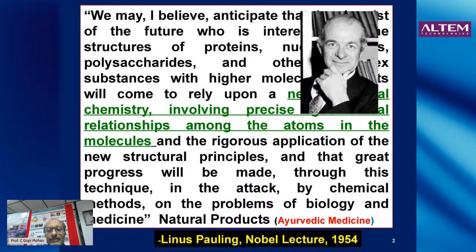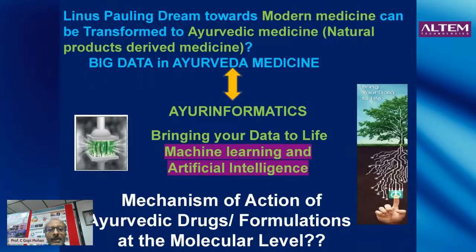So this slide has the same thing as what Linus Pauling dreamed, that modern medicine can be transformed to Ayurvedic medicines. So that should be the question now, with respect to our latest technological development. Can we transform this to our natural product derived medicines or the Ayurvedic medicines?